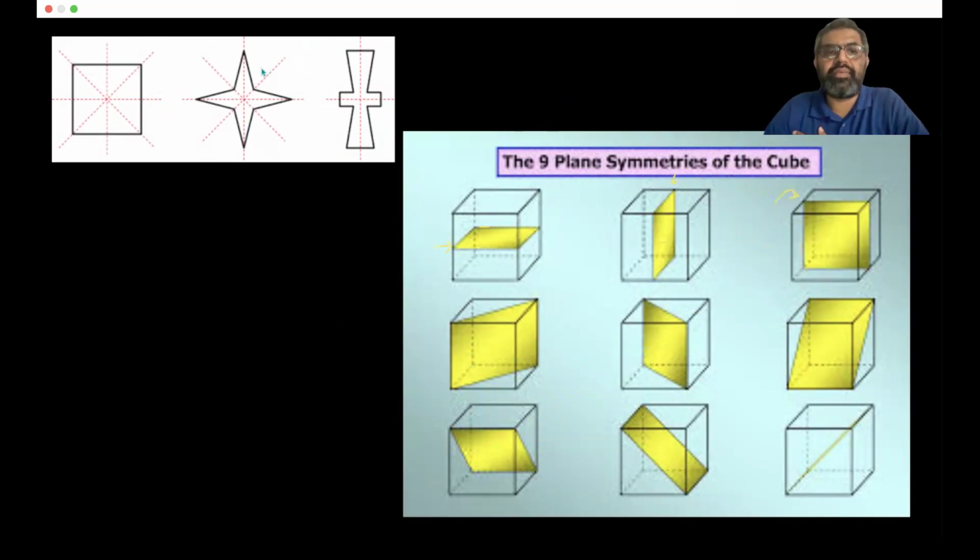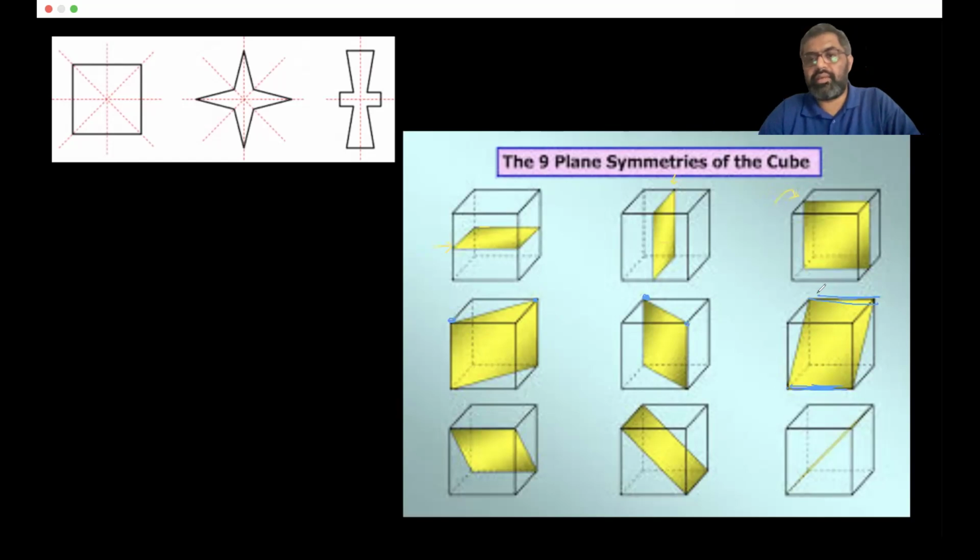Then we can have diagonal planes of symmetry. We can put a plane along the diagonal from one vertex to the other vertex, and similarly we can do it for the other diagonal plane of symmetry. So we have 3 plus 2, 5 planes of symmetry. Then we can have a diagonal plane starting from one top edge to the corresponding opposite edge at the bottom.